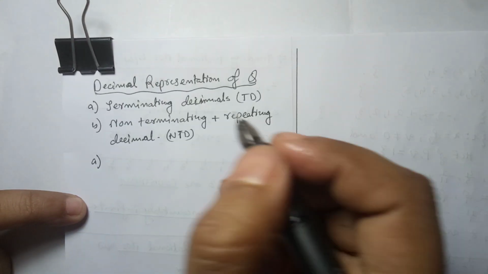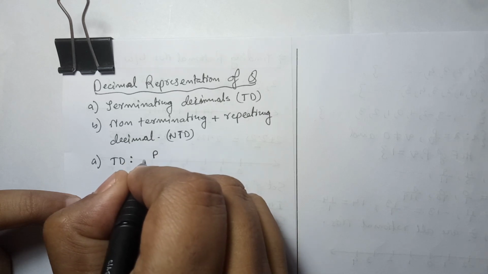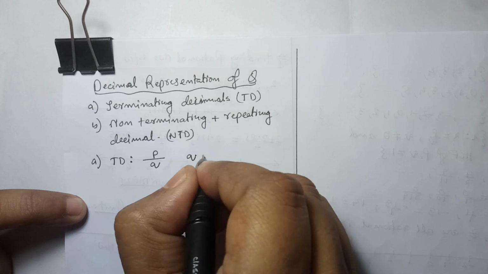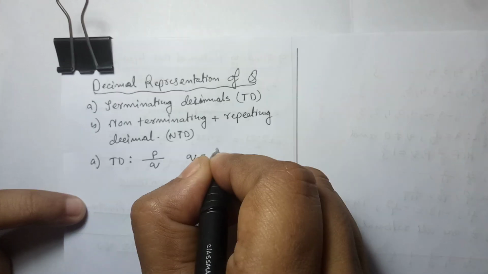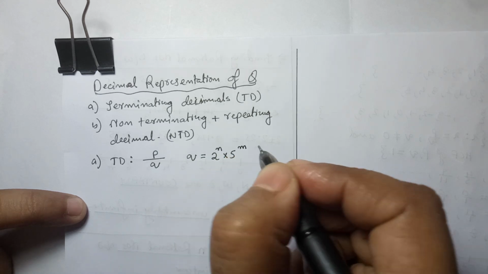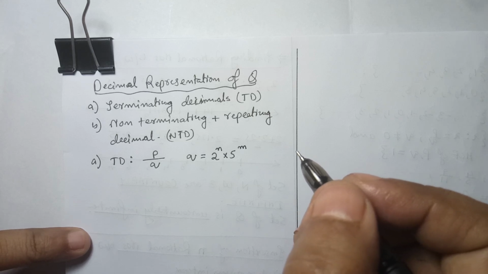So what is TD? TD is any rational number whose denominator can be represented as a factor of 2 to the power of n into 5 to the power of m is a terminating decimal.